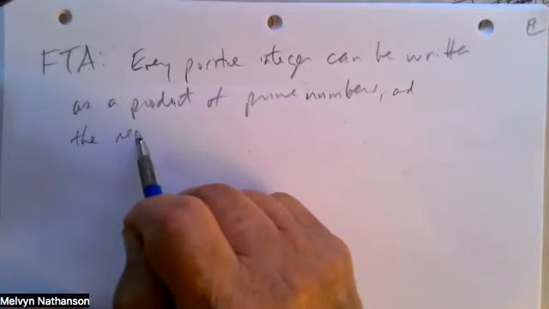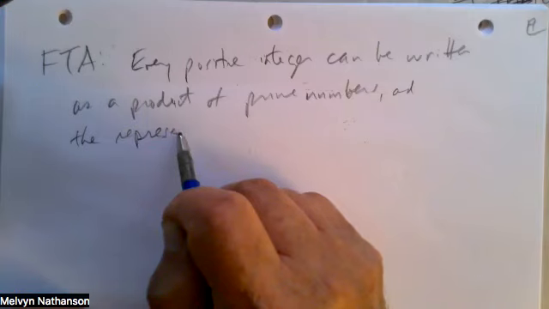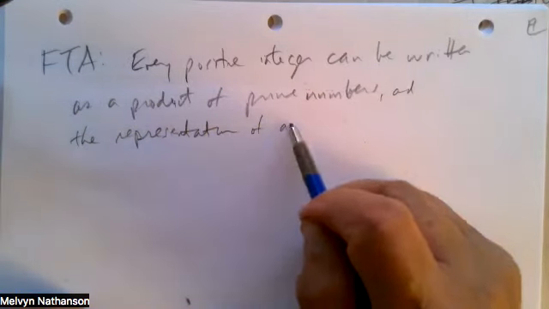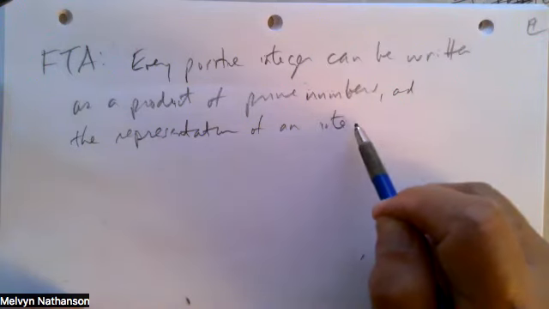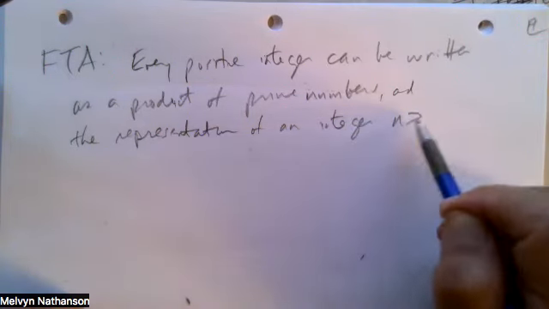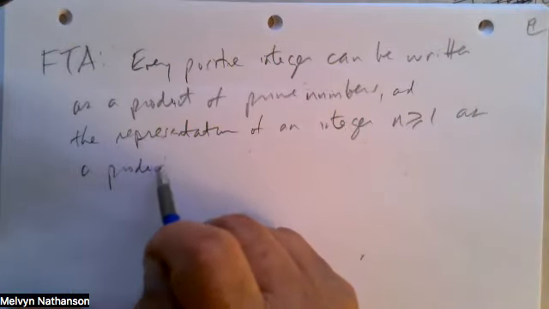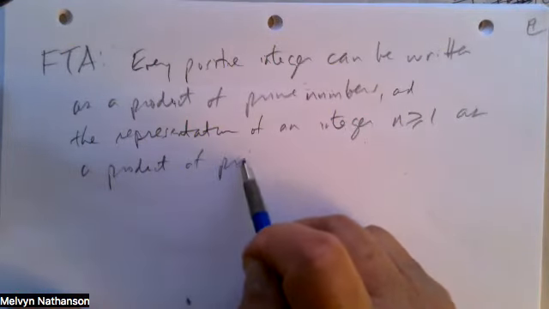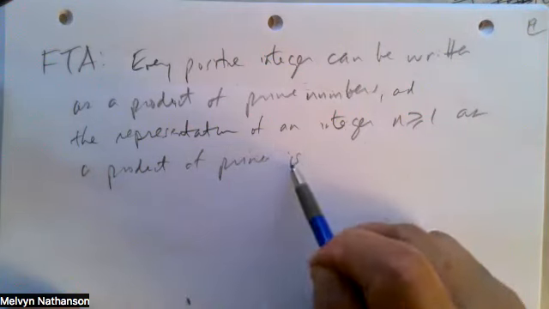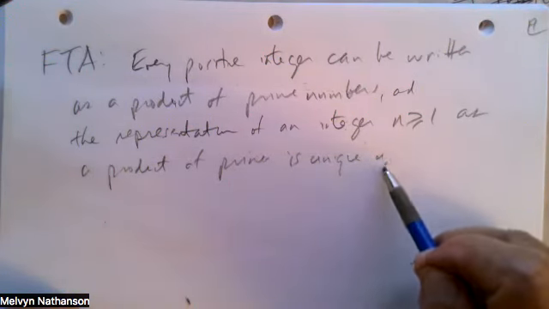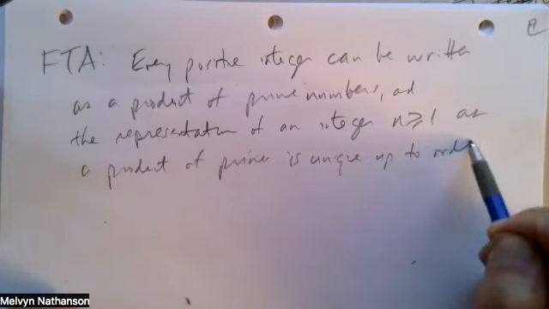And the representation of an integer n, at least one, as a product of primes is unique up to the order, or except for the order in which you write the primes down.